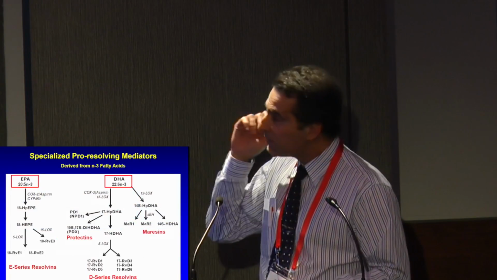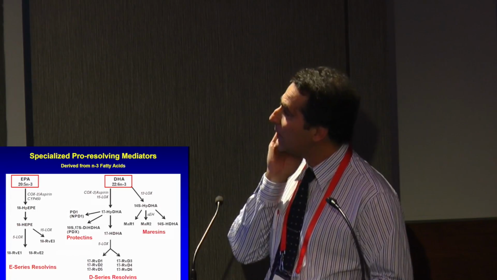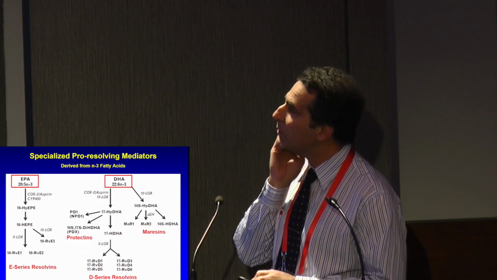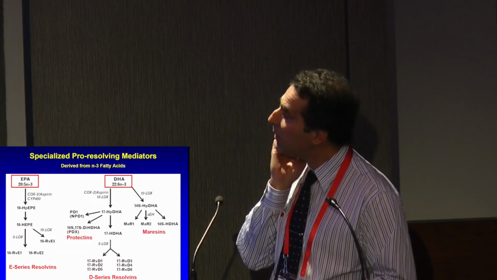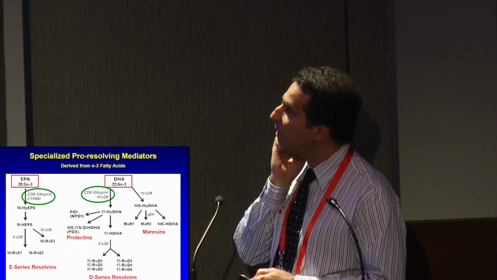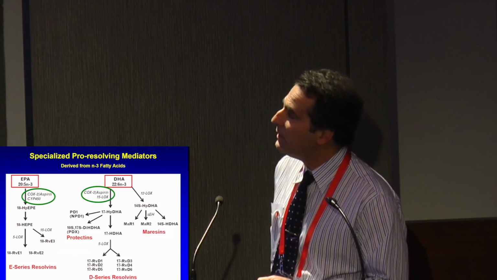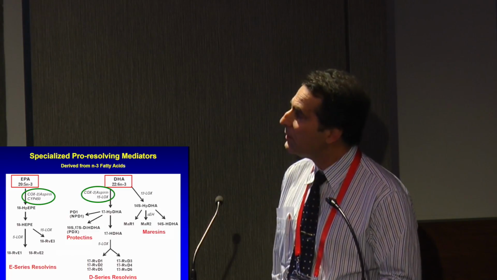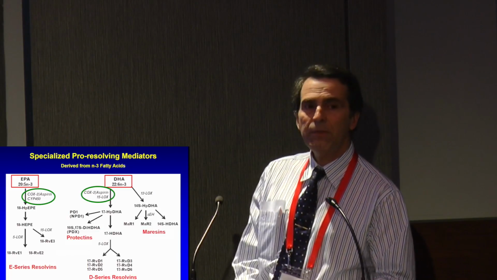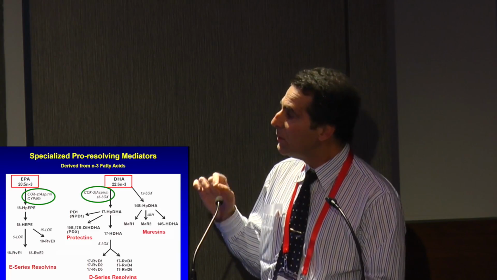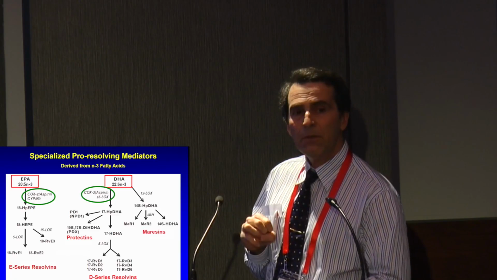So I showed you this slide a little bit earlier, and I said to you these SPMs can be derived through a number of different enzymatic pathways. And I mentioned one of the pathways for both the EPA and the DHA metabolites is through a COX-2 aspirin activation. So some of the early work actually suggested that if you put aspirin into the system, you can generate these resolvins.